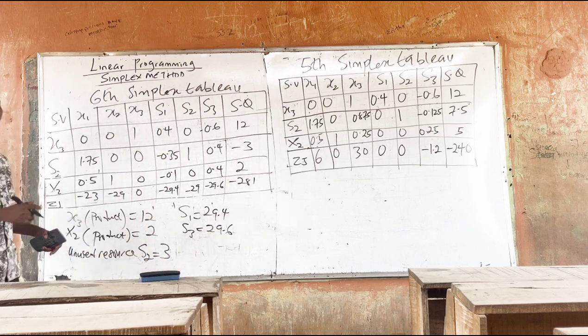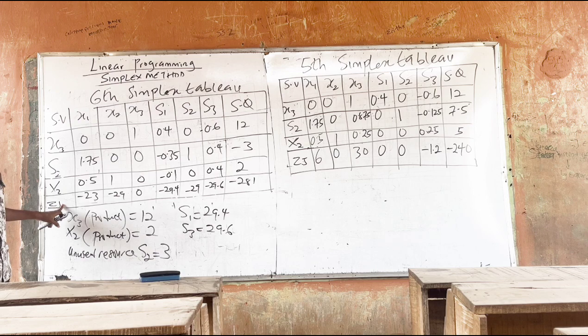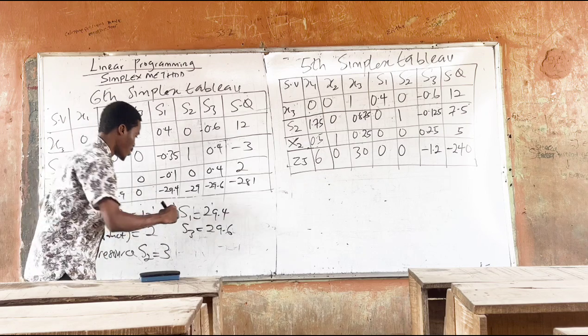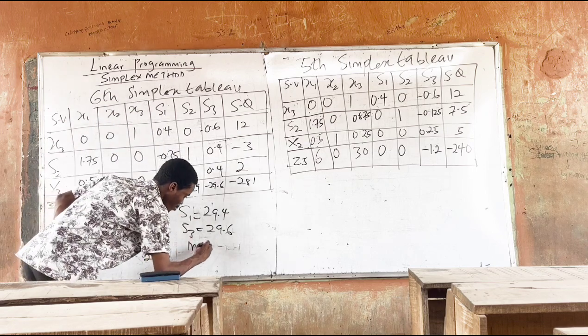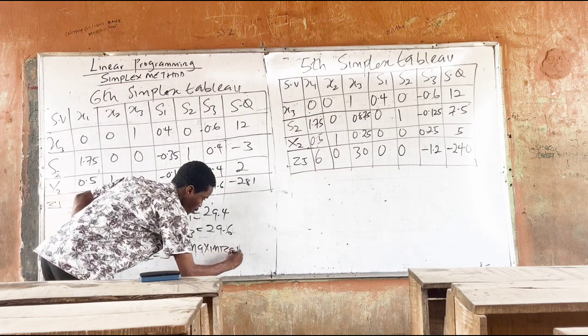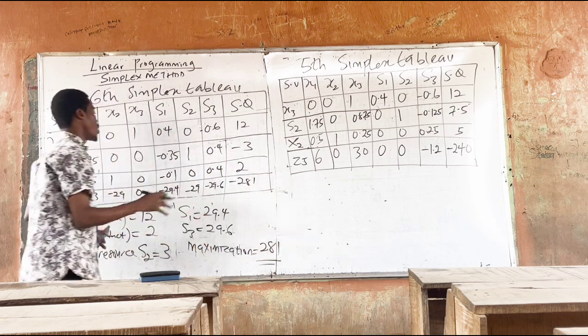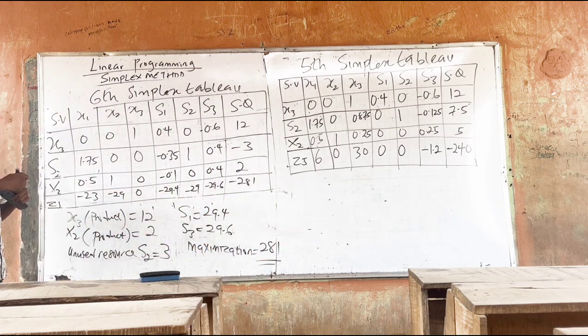Then my maximized value, that is my ZJ, we are maximizing. You know that our ZJ is what? We maximize. So my maximize is what? My profit value is 281. So my maximization, which is ZJ, is 281.